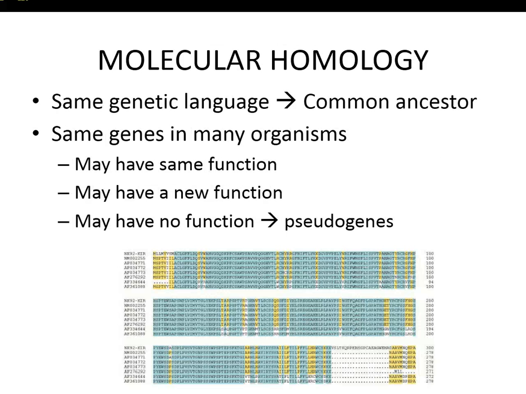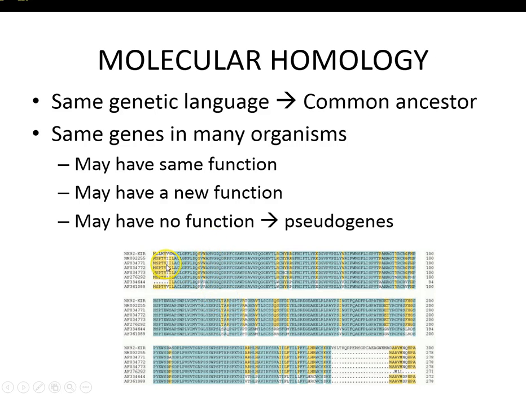And then finally, molecular homology is going to be when we are seeing similar genes, similar proteins in related organisms. And again, that suggests a common ancestor, and over time, the different species have developed slightly different variations of those genes or proteins. And so this chart just shows you proteins in a particular group of plant species where the blue parts are identical among all of them.